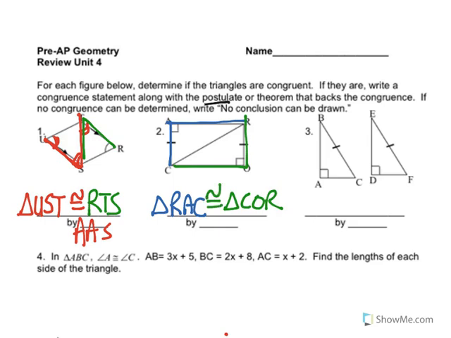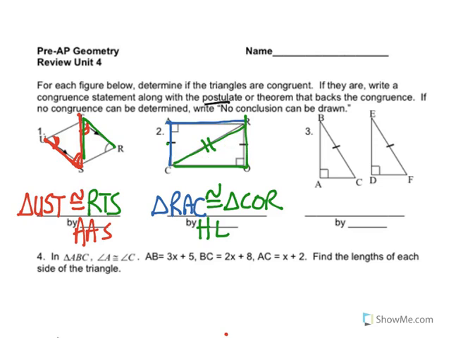Make sure your angles and sides match up. And that's going to be by, because this was congruent also, we're going to use HL because this is the hypotenuse and here's a leg of the triangle.